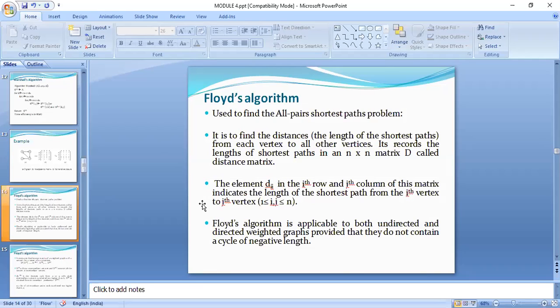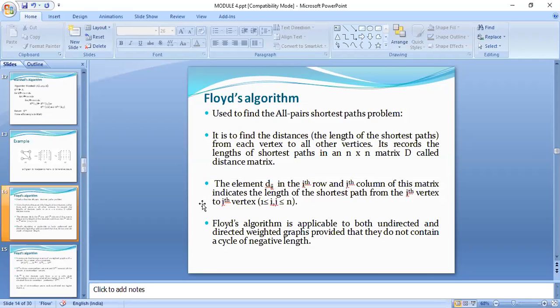But as and when you proceed further, each vertex will be considered as an intermediate vertex, and we will be calculating it. Here we are going to find the length of the shortest path from each vertex to all other vertices. It will be recording the length of the shortest path in an n by n matrix, which is called the distance matrix.